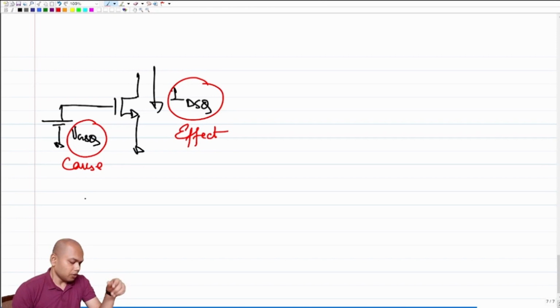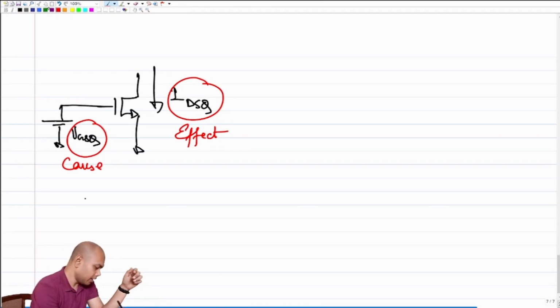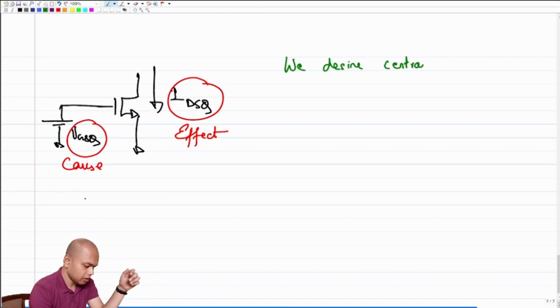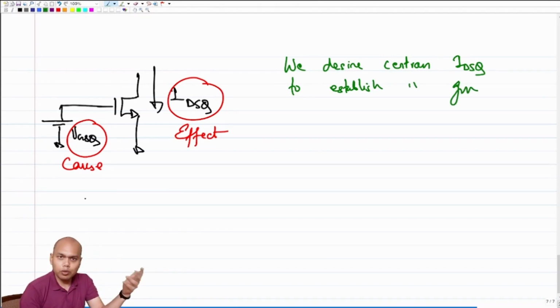Another way of saying this is that we desire a certain IDSQ to establish a certain Gm to get a certain amount of gain.